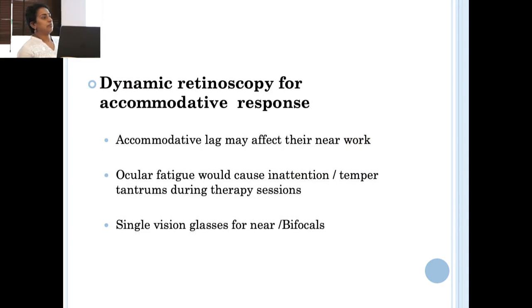Accommodative lag is highly prevalent in children with cerebral palsy. So most of the interventions or therapies are aimed at near vision tasks.